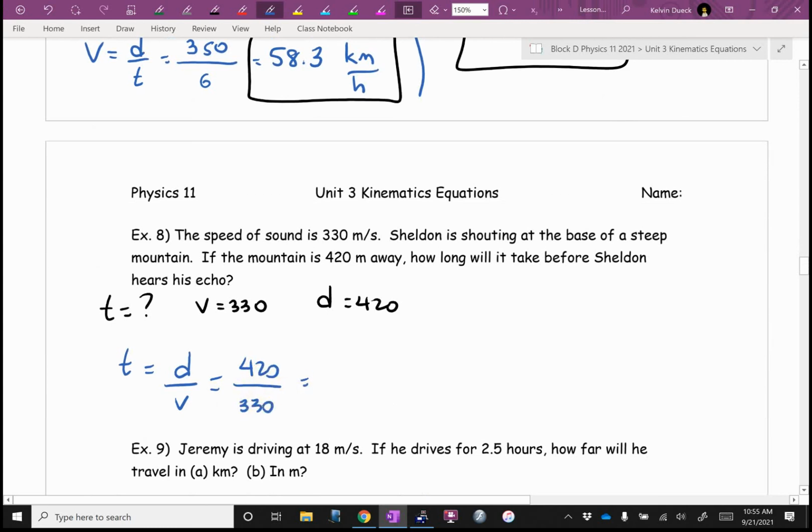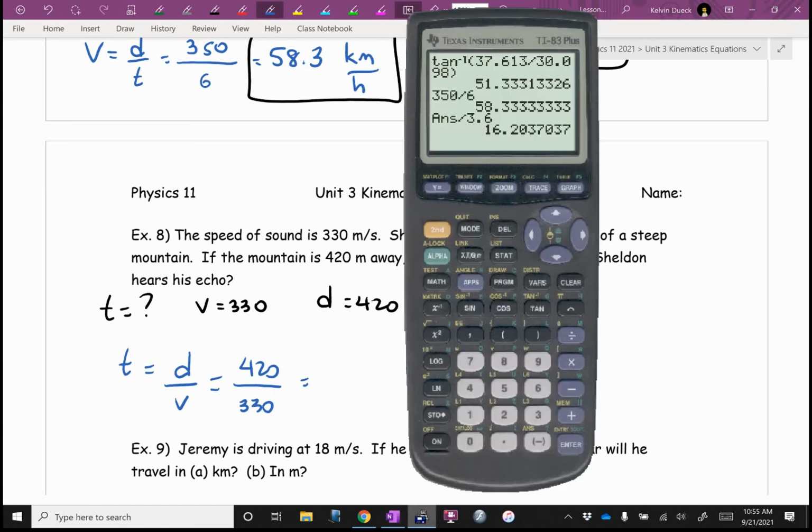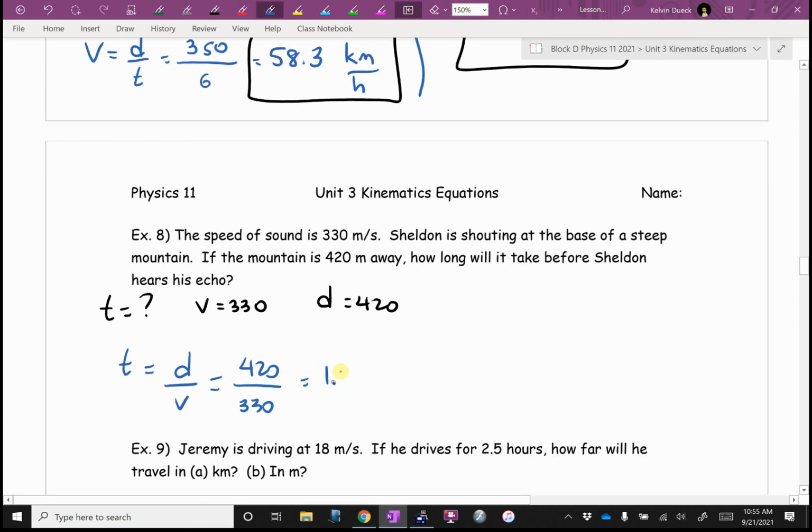What do you get? I get 420 divided by 330, I get 1.27 repeating. So I'll go 1.27.